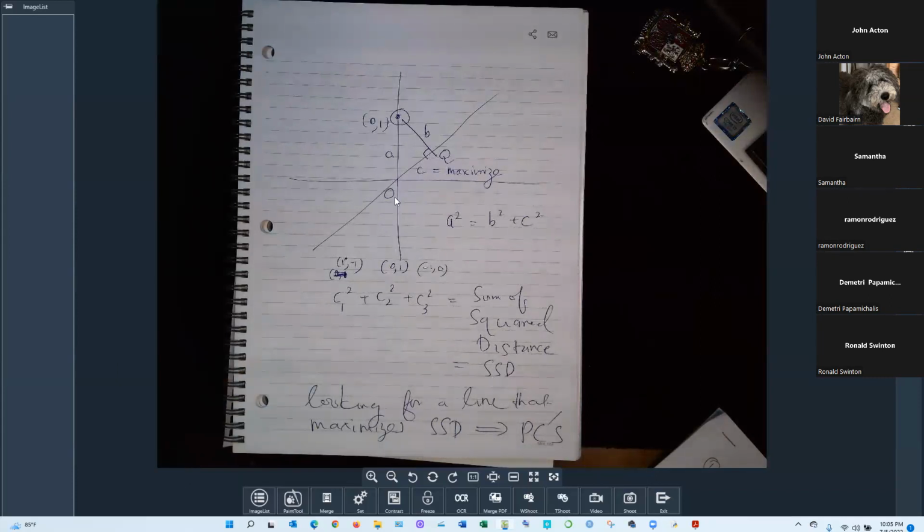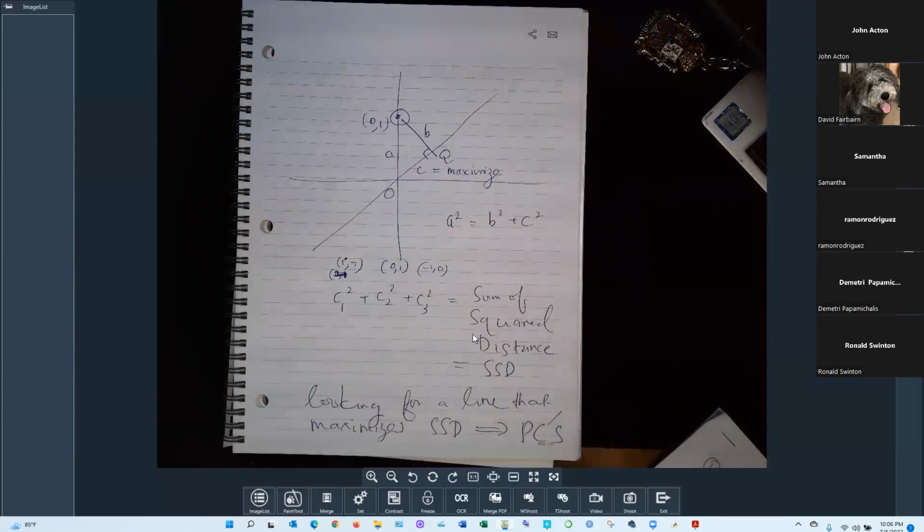I'm looking not only for this point, but for all the points, 3 points. See? This C1 squared for this point, C2 squared for this point. Okay, I'm looking for a line that maximizes the SSD. That's what we call the principal component. That's a graphical representation.